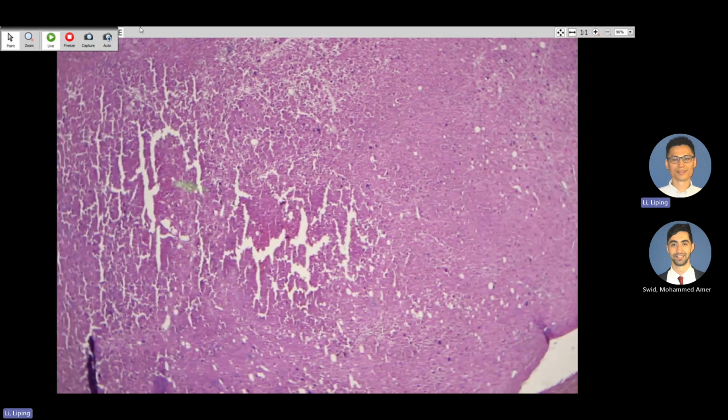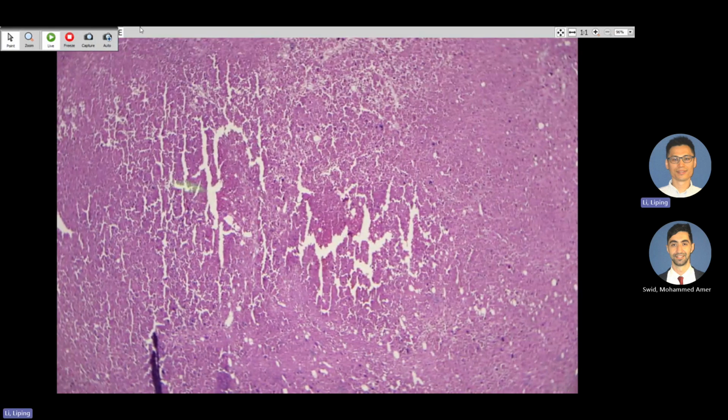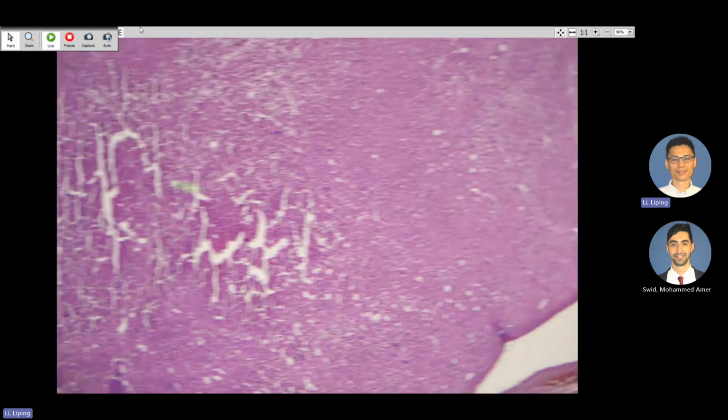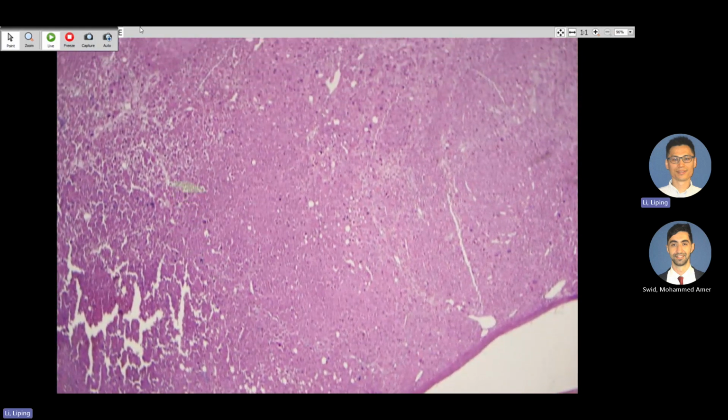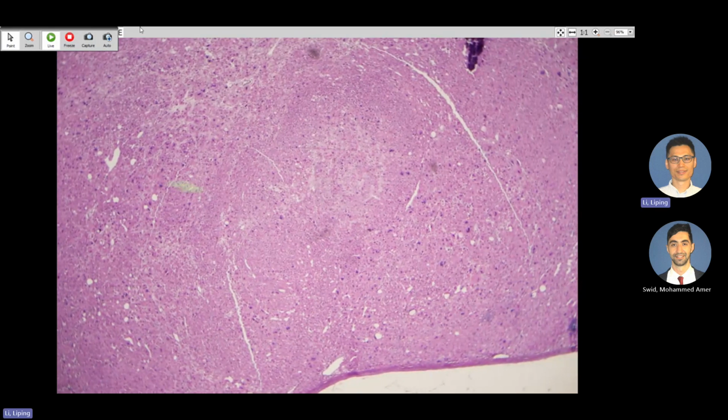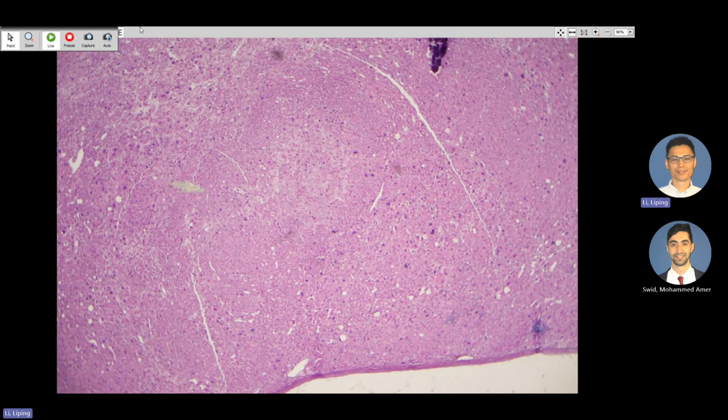This one is different from the previous one. Most of the cells grow in sheets with this oncocytic cytoplasm, with really limited cells with lipid. And even in this power, we can see some nuclei are really dark and really big.